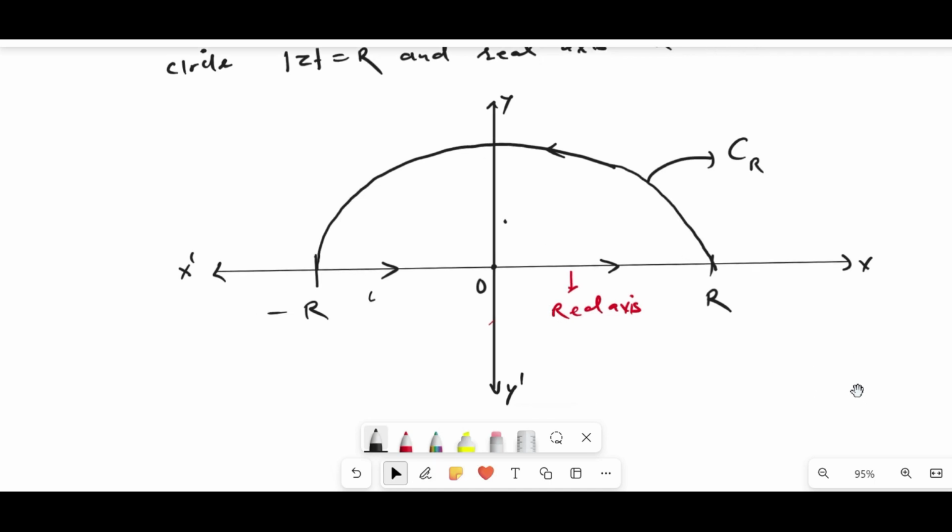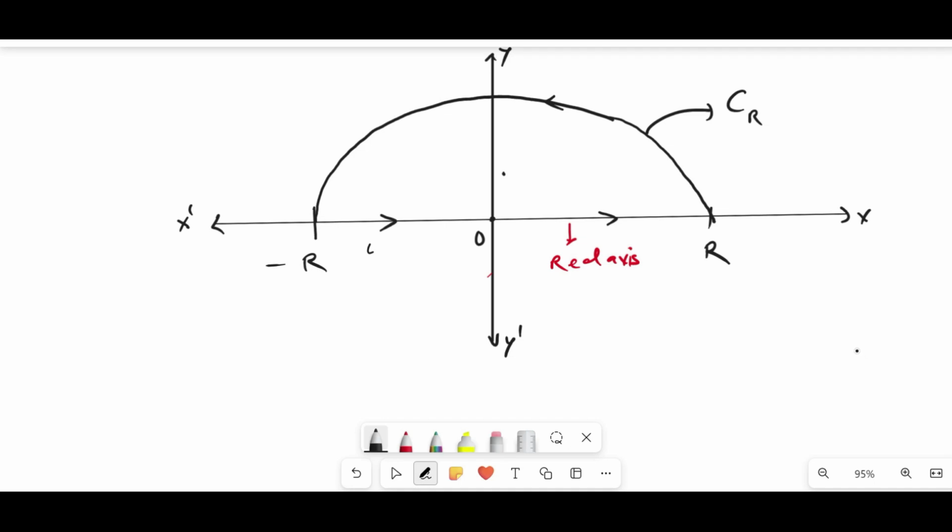We consider this region, which is the region of integration, that we call capital D, the domain of integration over the curve C.